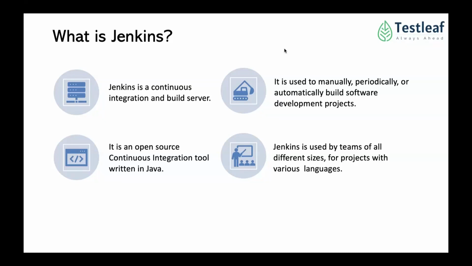Some developers still do a manual build using Jenkins. You can also do a periodical, time-based build, for example every Friday evening. You can also do an automated build, so every time I make a code commit, I want to have a build. You should be able to do it in spite of all these processes. It's completely configurable.